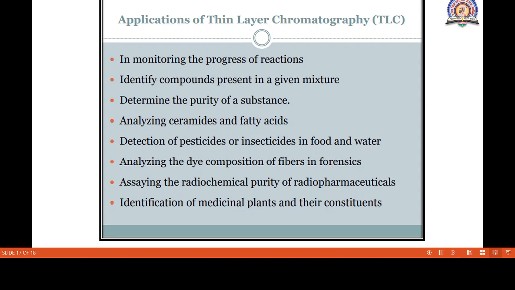Then the applications of thin layer chromatography: it is used in monitoring the progress of a reaction, which is very important.